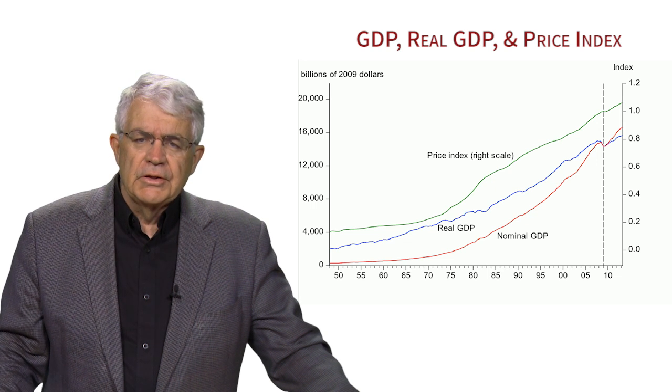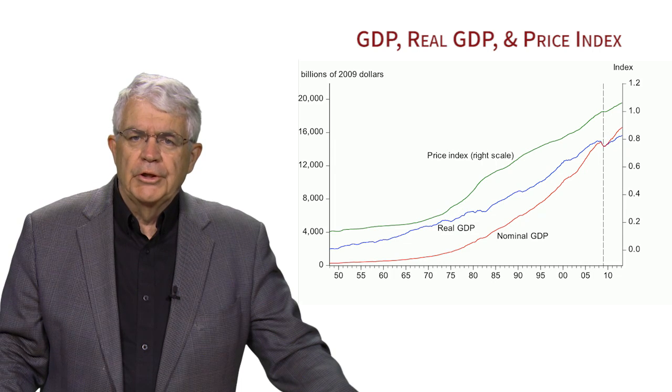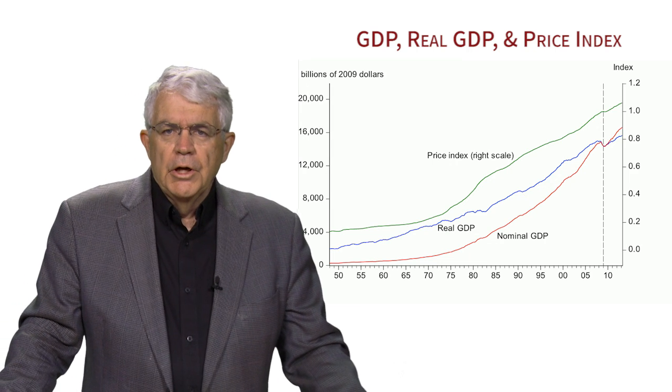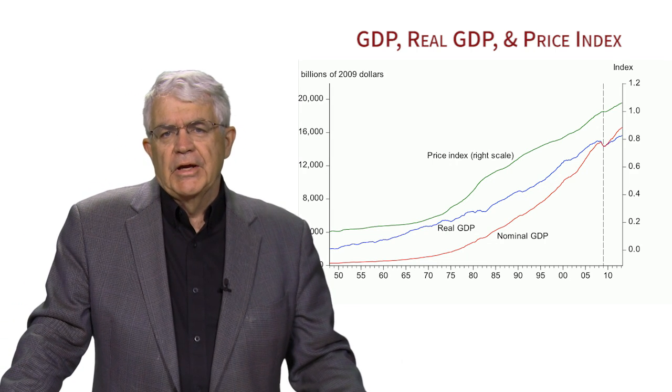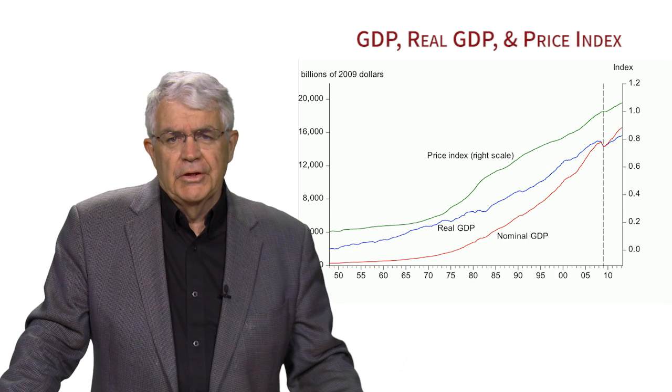The axes, it's a dual axis to represent the fact that the price index has different magnitudes than either real GDP or nominal GDP. It's over on the right. The index goes like 1 or 0.8. You can see that the price index is literally 1 in 2009. That was set up that way by definition because real GDP and nominal GDP are equal in 2009.